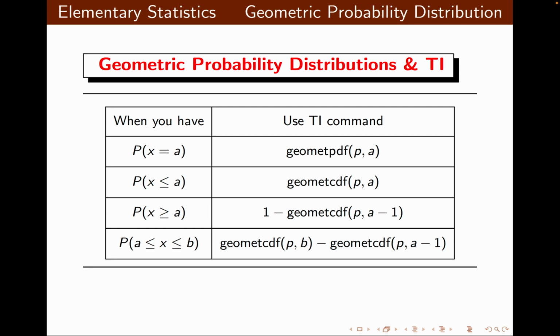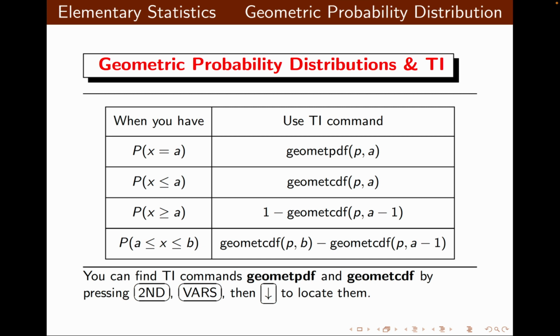If you have the probability that x is greater than or equal to a, we're going to use the complement rule, 1 minus geometcdf, but you reduce the a by 1, so you get a minus 1. And if you want to find the probability that x falls between two numbers inclusive, then we use geometcdf twice. And it was the same style when we did binomial probability distribution.